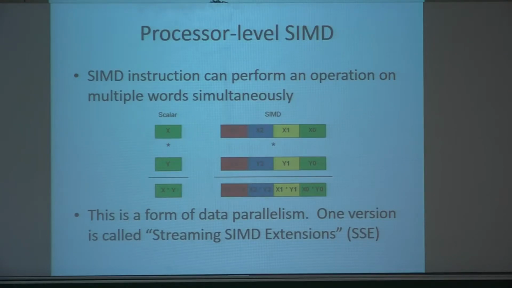With a SIMD instruction, you have 4 values of X, and you have 4 values of Y, and you're going to compute 4 values of the product using the same instruction. And it does it at the same speed as doing that. So if you want your computation to go fast, you want to use instructions that look like this rather than instructions that look like that.